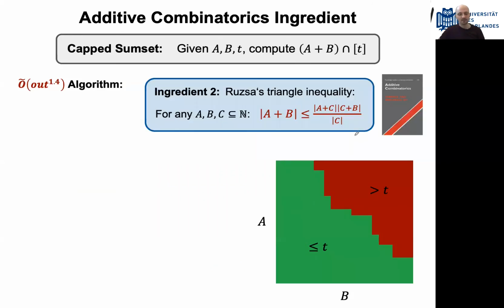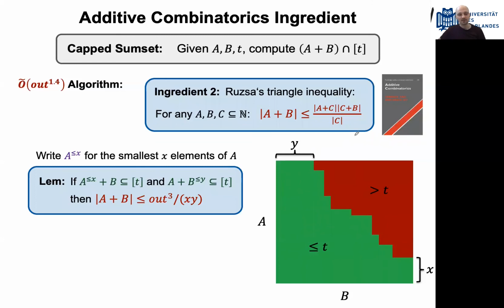Right, so one of these restrictions is called Ruzsa's triangle inequality, which says that for any sets of numbers A, B, C, the size of A plus B is upper bounded by the size of A plus C times the size of C plus B over the size of C. Now, what does this tell us in our situation?